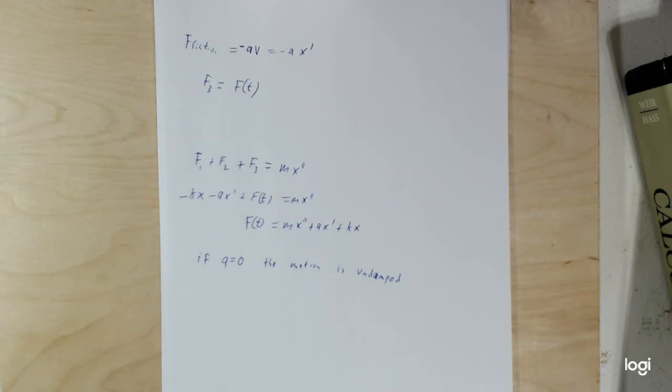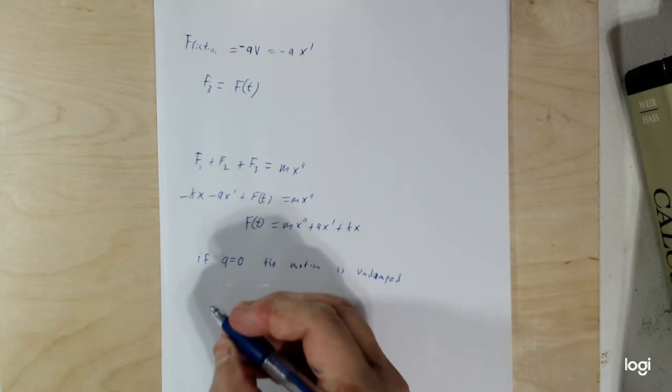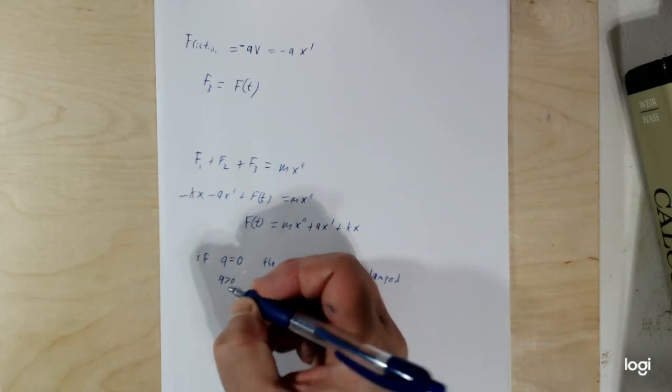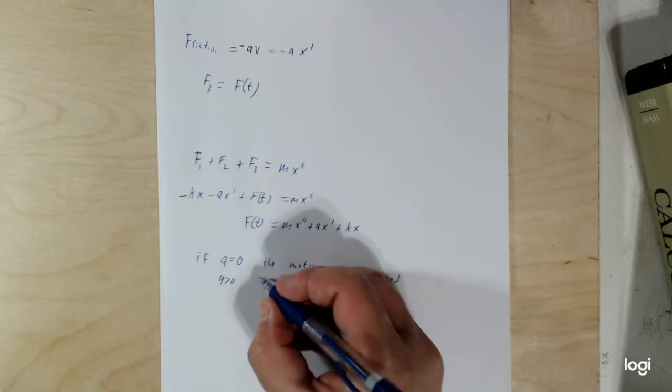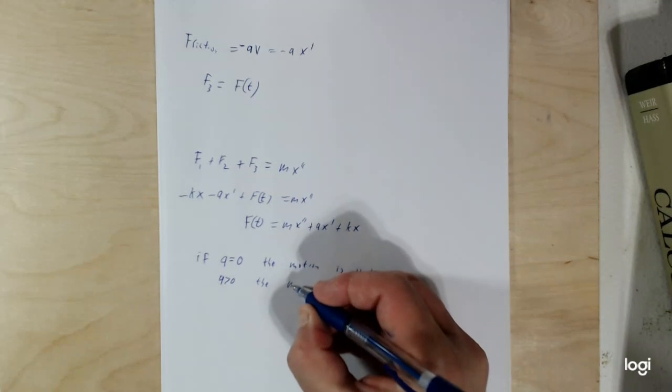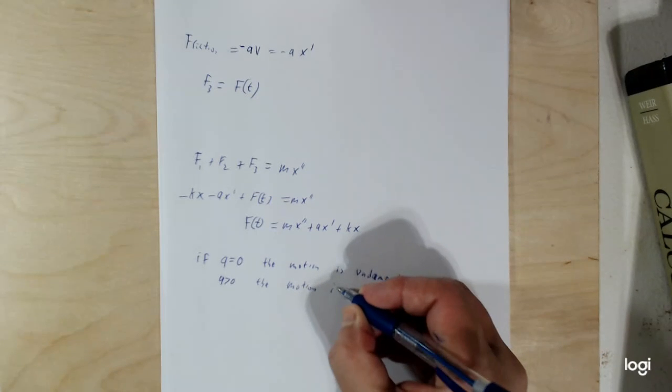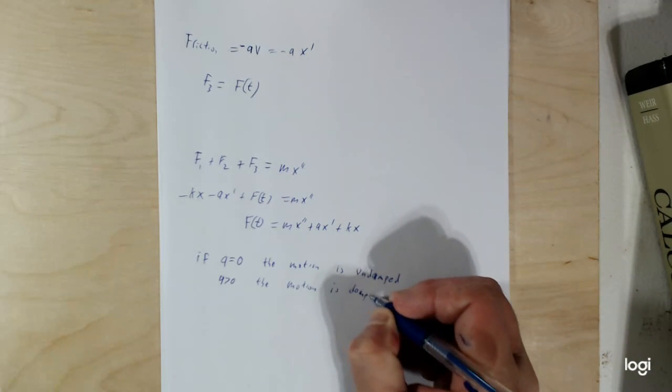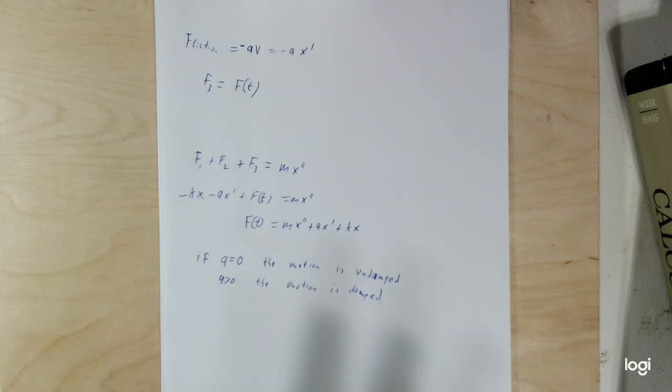Obviously, this is an idealized situation since in reality, nothing is ever frictionless. But if you had something that was being oscillated by magnets or in a vacuum, you might get close to this situation. And of course, if a is greater than 0, the motion is damped. That's normally a case that's ignored in most first semester physics courses because you need differential equations to solve it.